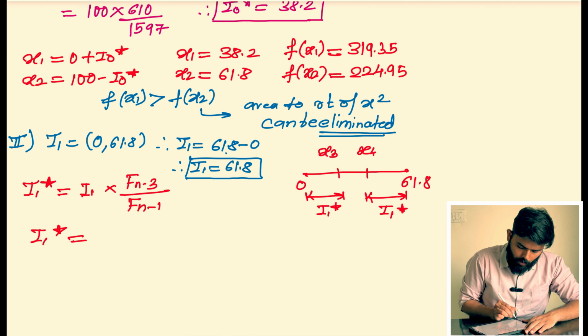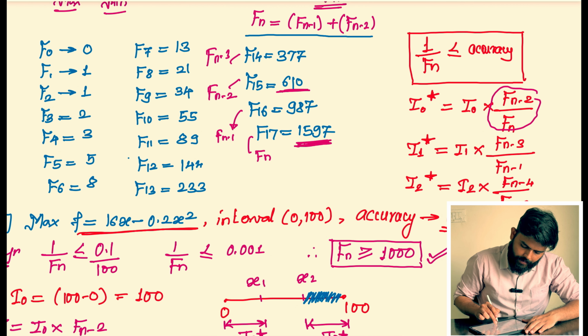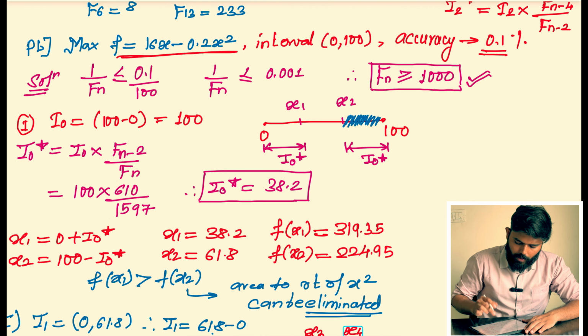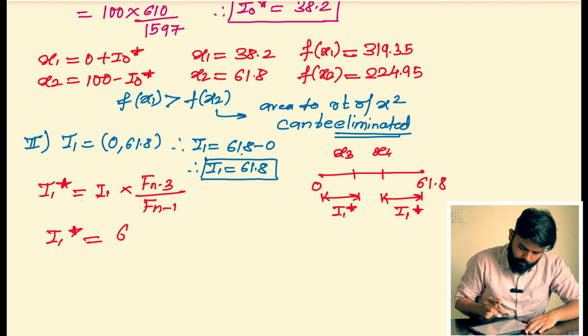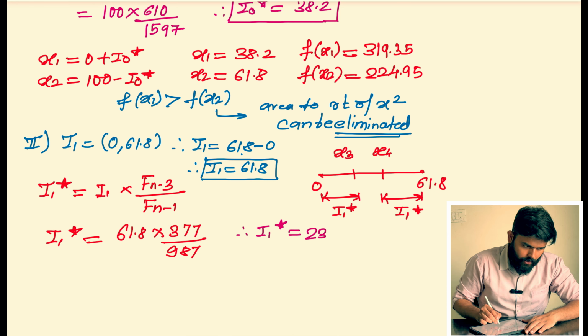So the value of I1 is 61.8, the value of Fn minus 3 is 377, and Fn minus 1 is 987. So we can put the values here: 61.8 into 377 upon 987. Therefore, we have I1 star equals 23.60.